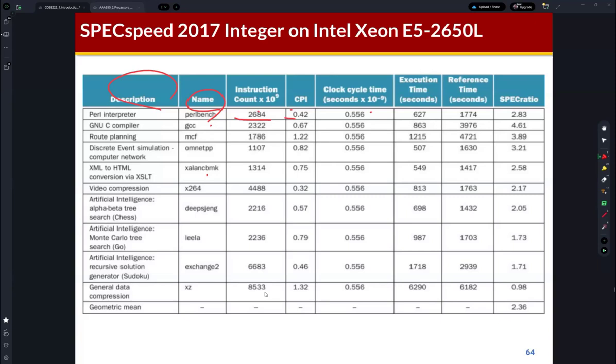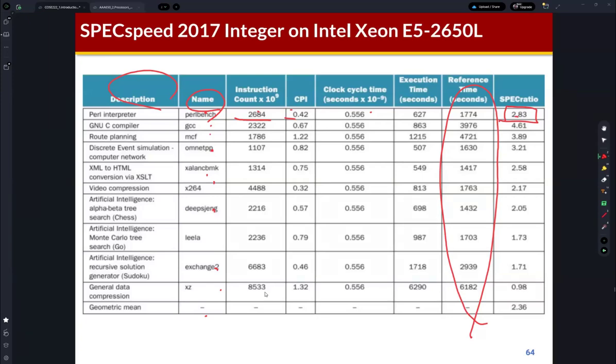The SPEC benchmark provides the execution time of a reference system. Then we can measure the execution time using these applications, right? Then we can calculate the SPEC ratio or SPEC score.